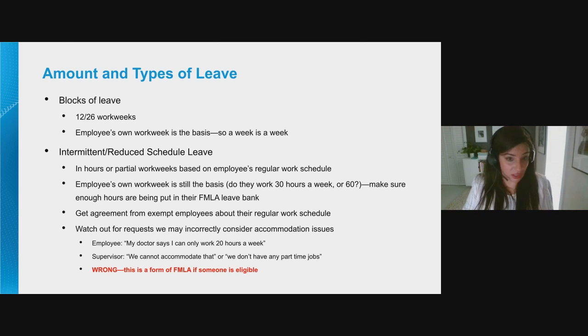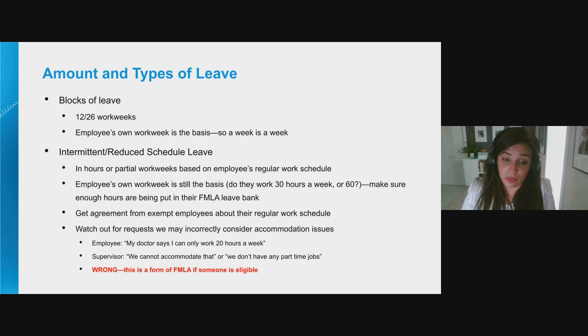My typical work week of 60 hours, to make up a number, is what I am entitled to, 12 of those weeks. If you are unsure what an exempt employee's typical work week looks like because they're salaried and you do not know how many hours they're working, get an agreement from them as to what their regular work schedule is like so that you can keep track of the leave.